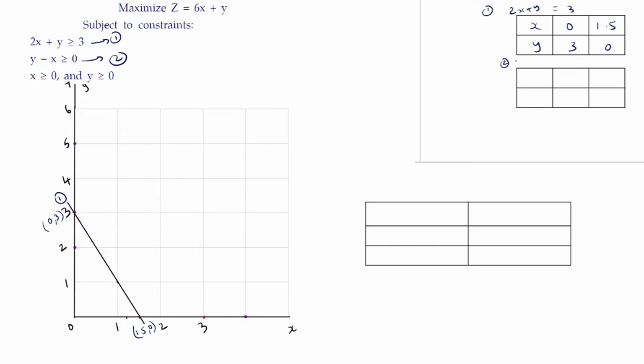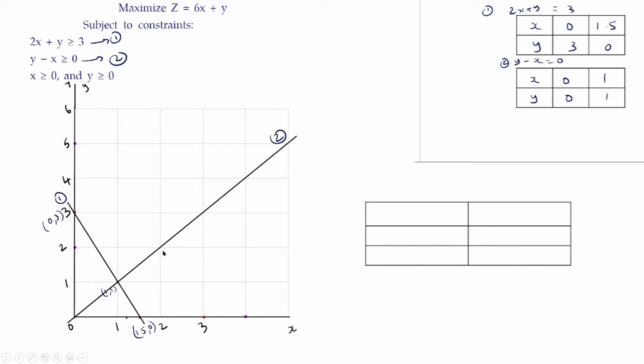So the second one is y − x = 0. When x is 0, y is 0. When x is 1, y is 1. So (0, 0) is the origin. This is (0, 0) and this is (1, 1). Now if we draw a straight line joining these 2 points, we will get y − x = 0. So this is the line y − x = 0, and this corresponds to the second one.